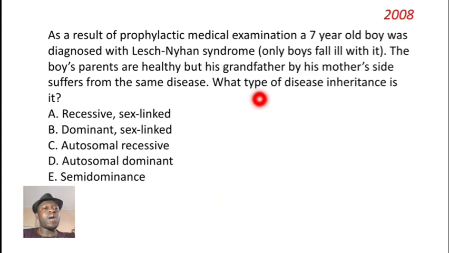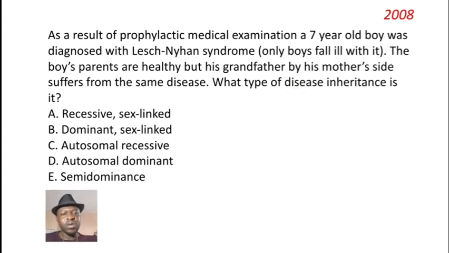What type of disease inheritance is this? If the mother's father, the grandfather, has this condition, the mother is a carrier. So it is recessive sex linked. Recessive sex linked is the answer.